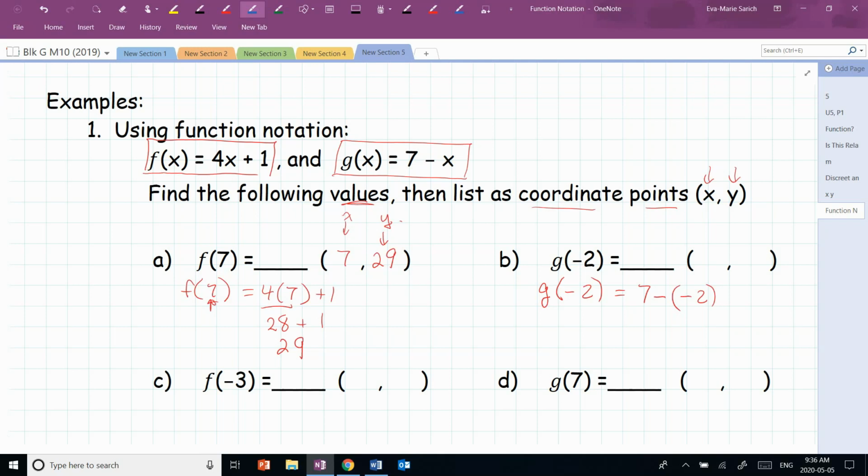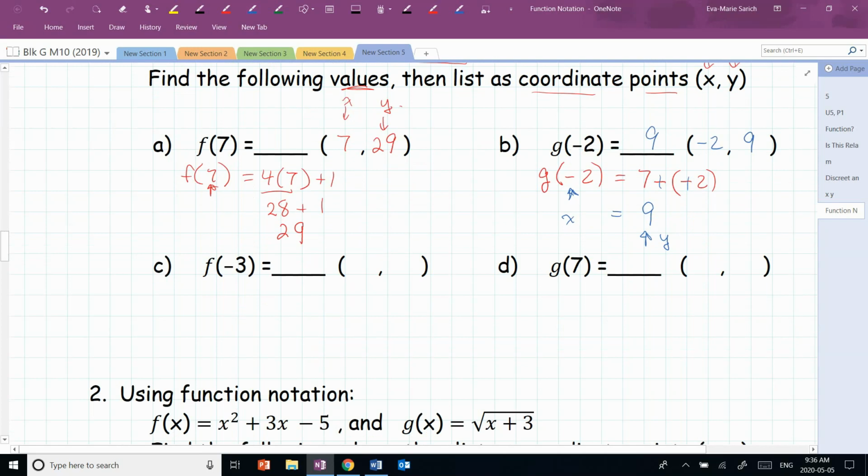Remember, when we have two signs like this, we can simplify it, add the opposite, and now this is going to equal +9. So this is our x value, and this is now our y value. When g is at -2, it means our y is going to equal 9. So putting it into our ordered pair, the x is -2, the y is 9.